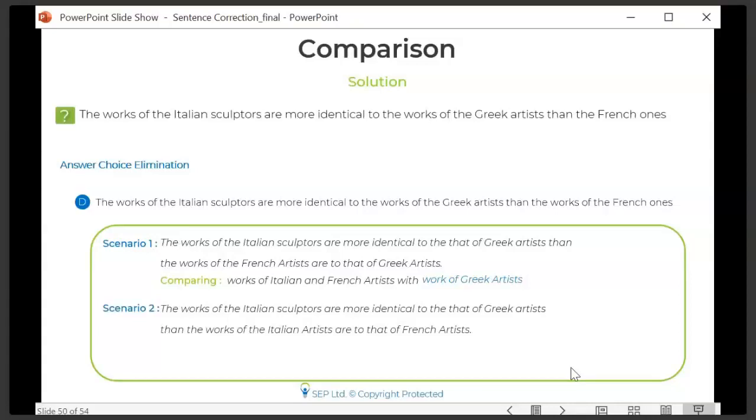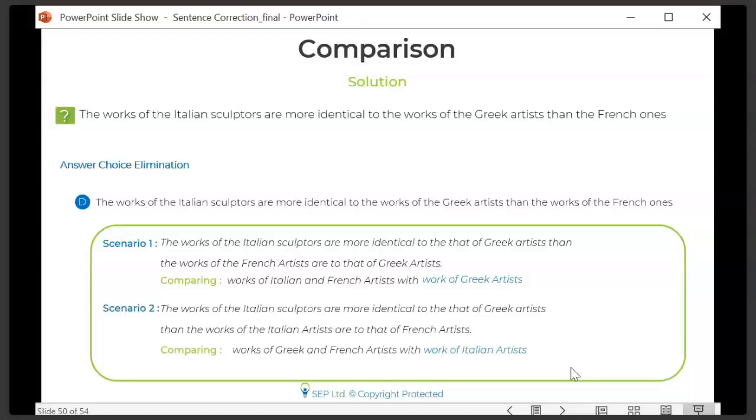I know this is confusing, but again, see, what are we comparing here? In this case, the comparison is between the works of Greek and French artists, and the parameter being compared is which of them is more identical to a third thing, that is the work of Italian artists. If you have two scenarios that can be derived from the same sentence, you know something is wrong.